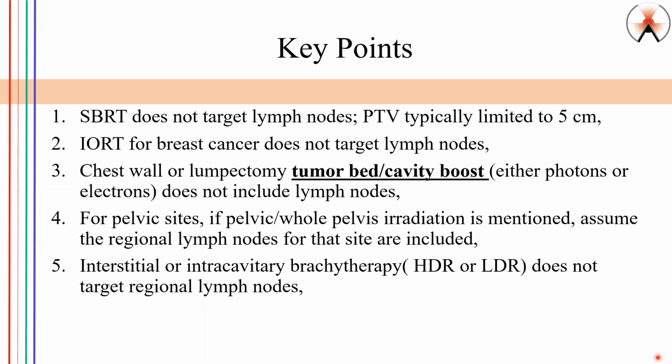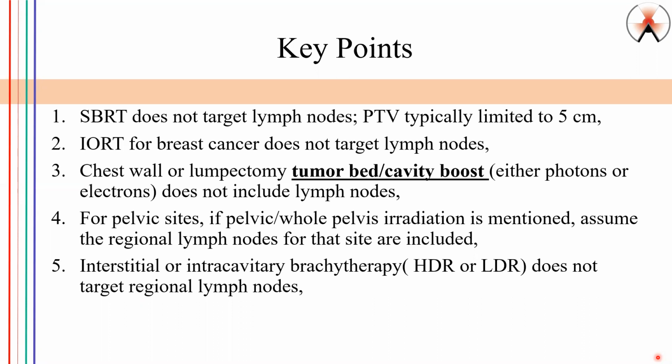Now, if you consider that dimension, there is no way that we can possibly include regional lymphatics in such a small volume. So this is the easy part. If you have determined that the patient was indeed treated with SBRT, no lymphatics are being included in that phase. Okay.